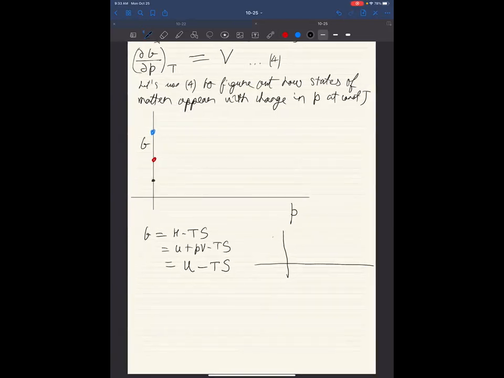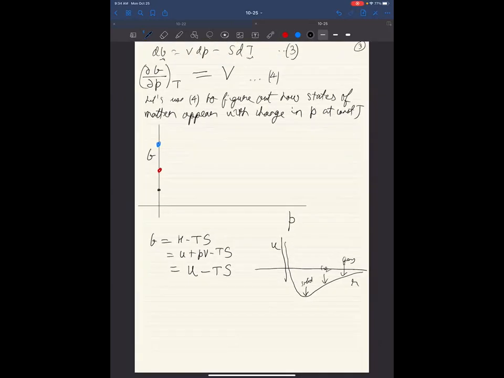So let's think of the same curve where U is a function of R, what we drew last time. And again, we have solid somewhere over here, liquid somewhere over here, gas somewhere over here. So as per this, once again, we see U gas more than U liquid, more than U solid. So as per this, gas should be highest. But then gas also has the highest entropy, right?